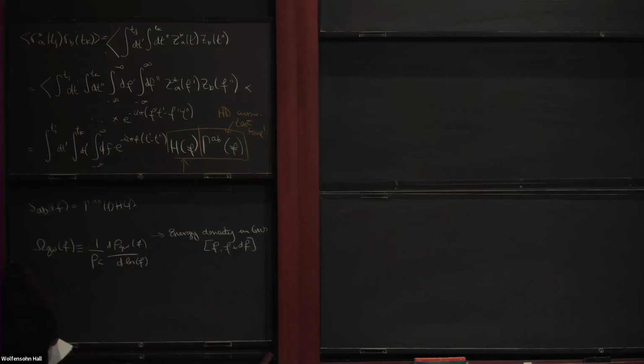And rho c is the critical energy density of the universe, and that is 3 H naught squared over 8 pi.